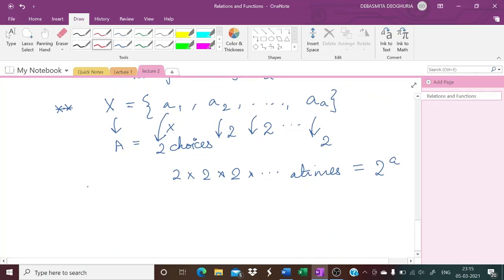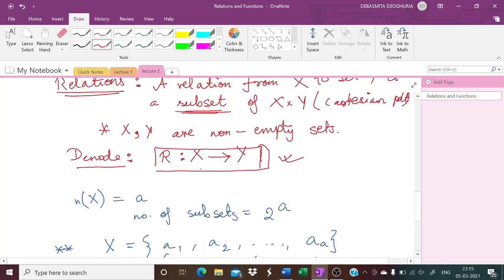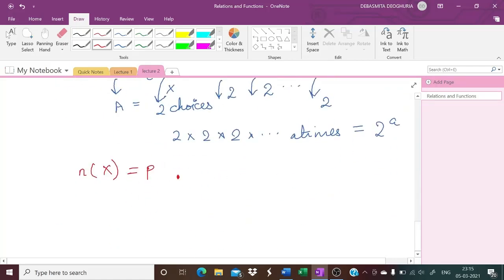See, suppose the order of X is P and the order of Y is Q. So what would be the order of X cross Y? P into Q, yes or no? And what is a relation? A relation is a subset of this Cartesian product set.